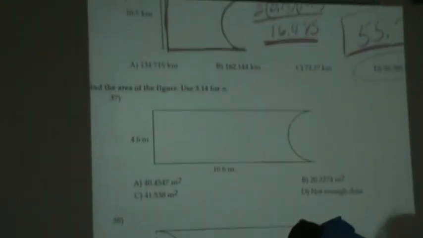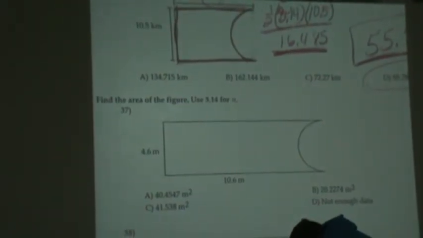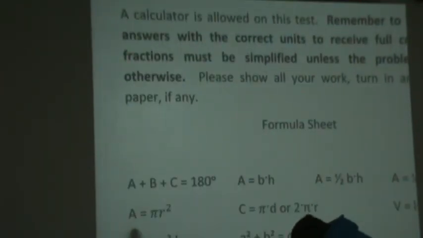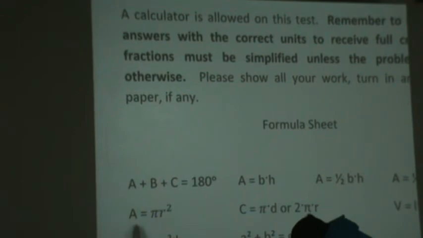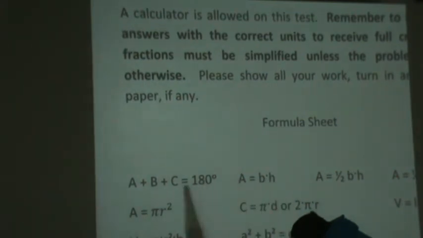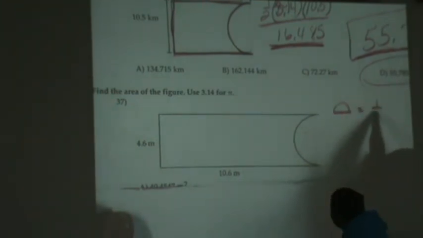Okay, this looks a lot like the one we just did, but it wants area, not perimeter. So you're going to use area of a circle if you have a circle in it. You're going to use base times height or length times width for rectangles or parallelograms. Looks like we have a half circle. So if we're going to do area of a half circle, we're going to do 1/2 pi r squared.